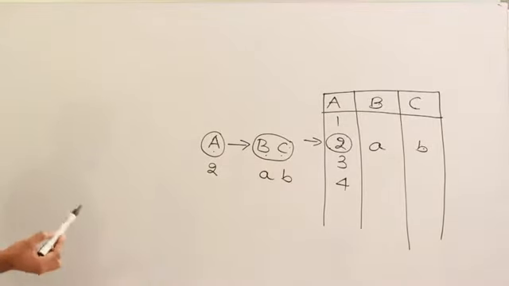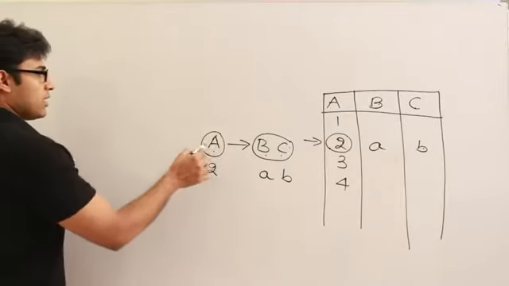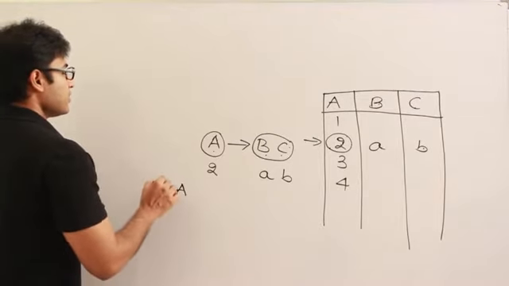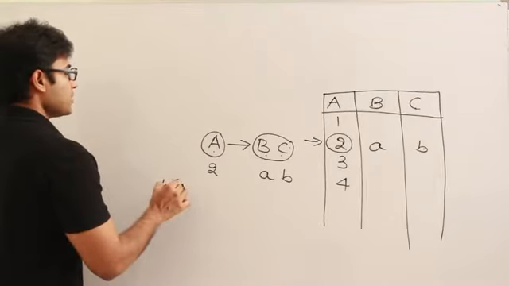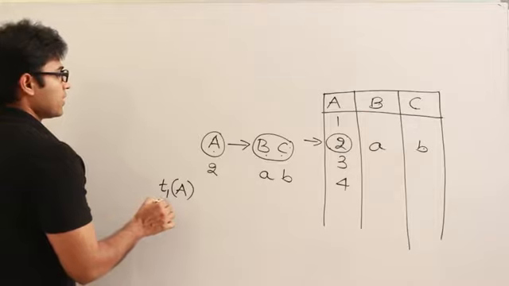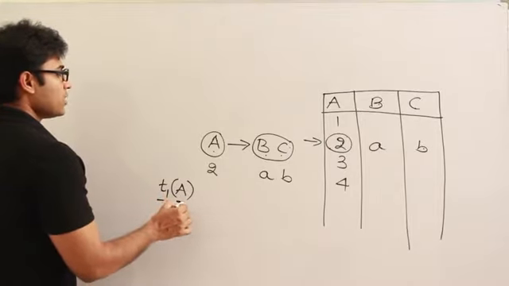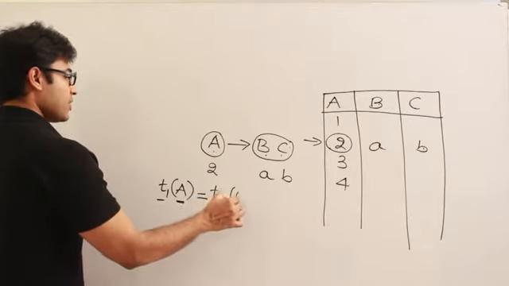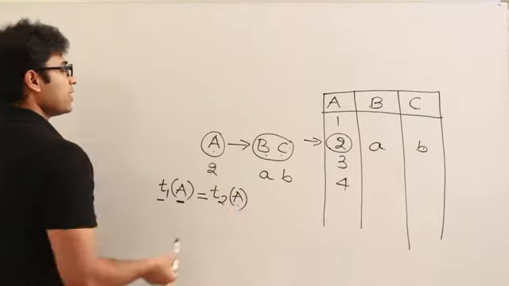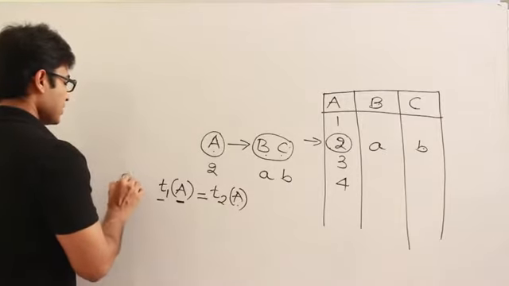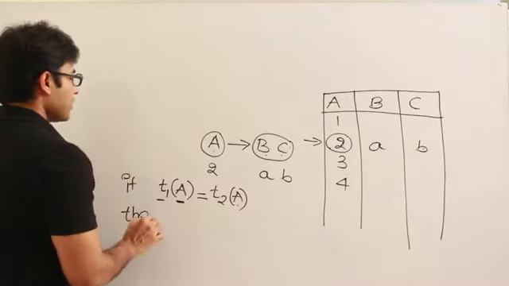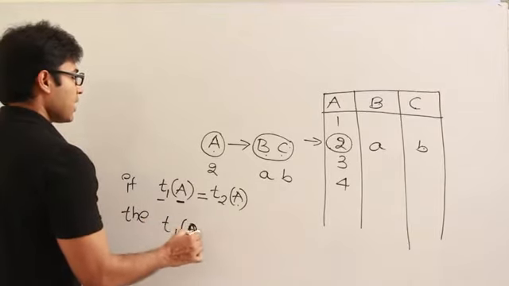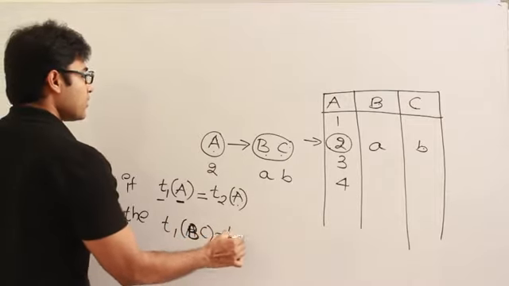So one way to define it is, if T1 of A, which means a tuple T1 is having some value in the attribute A, and if it happens to be the same value for some other tuple in A, then for the tuples T1 and T2, B and C values should be the same.